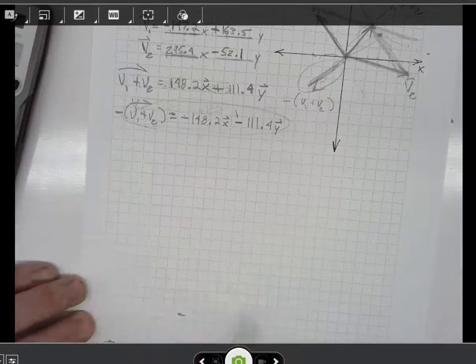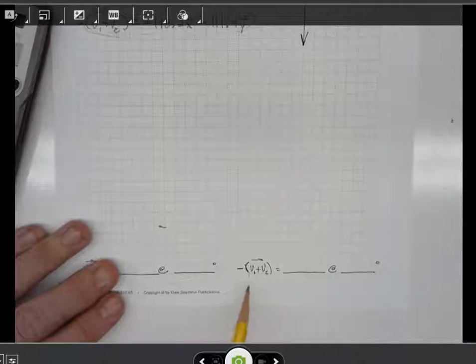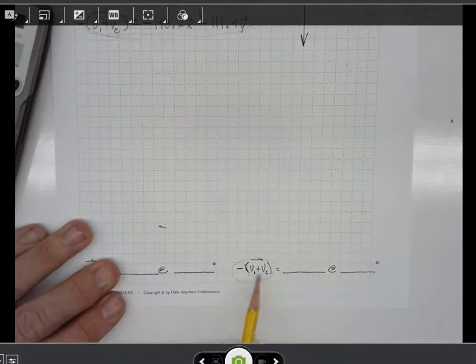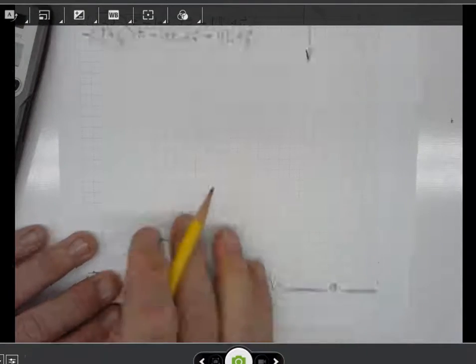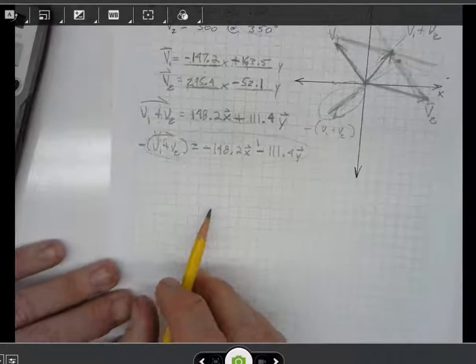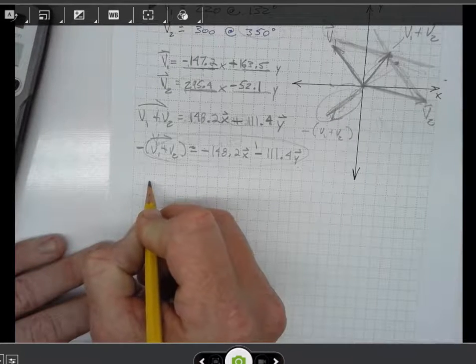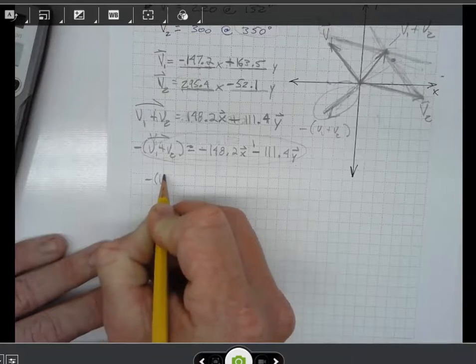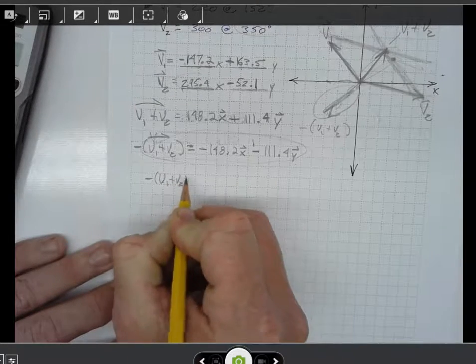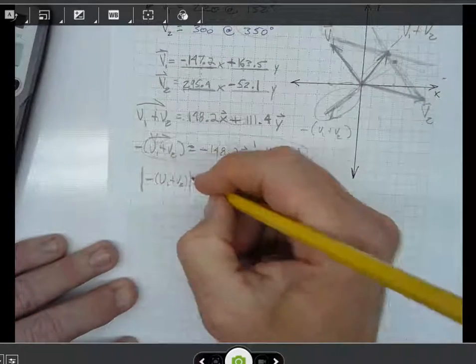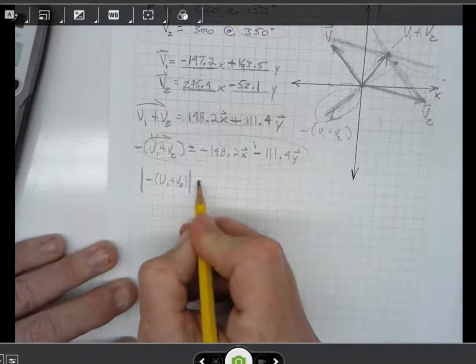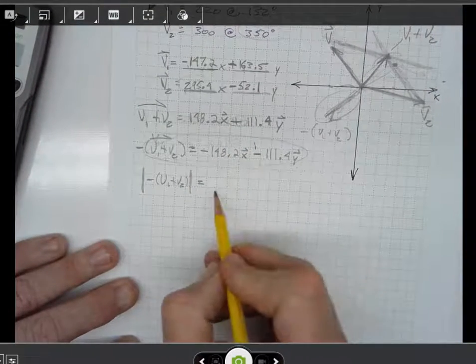So we're going to find the opposite of their sum in magnitude angle form. Let's go through that process. First, we're going to find the magnitude of that vector. The way we would write that is with an absolute value. So we want the magnitude of that vector, just the length. You can ignore the negative signs for this.